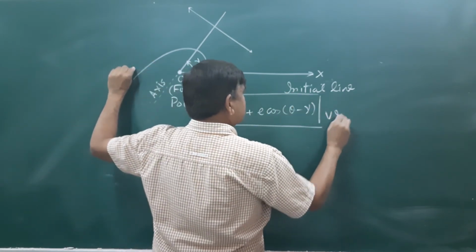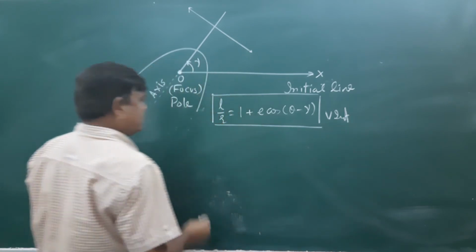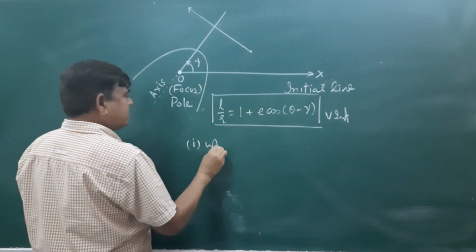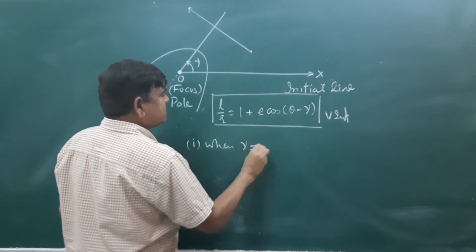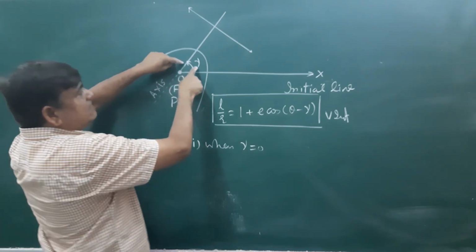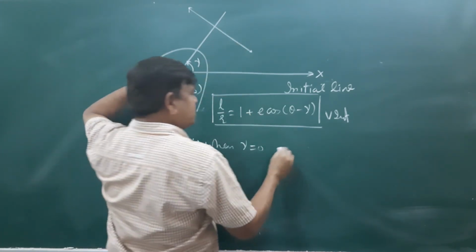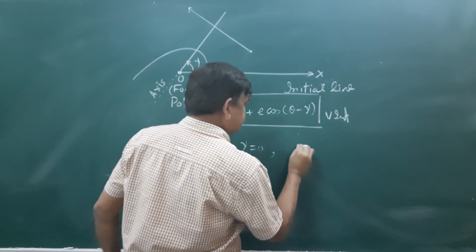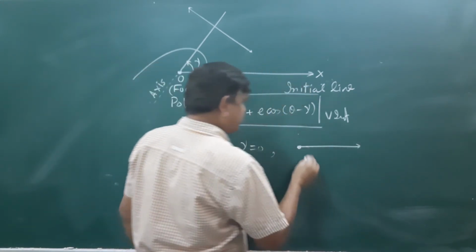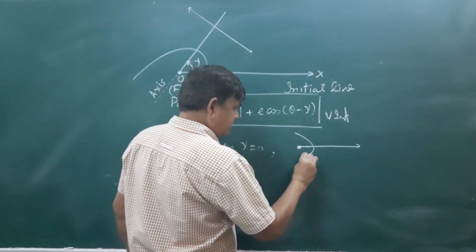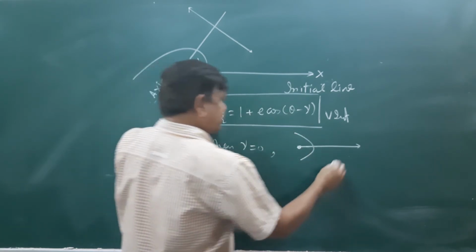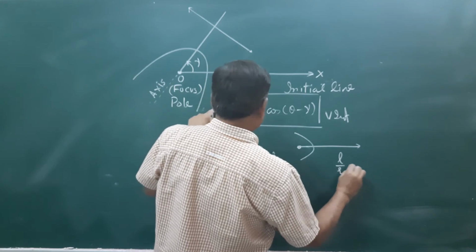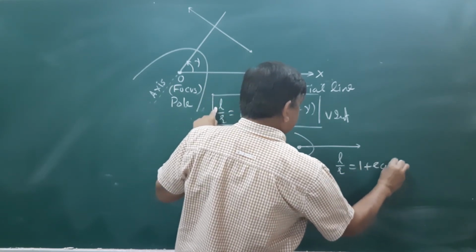This is very important. Now, when gamma is 0, the situation will be like this. This we have already done, and the equation is L upon R equals 1 plus E cos theta.